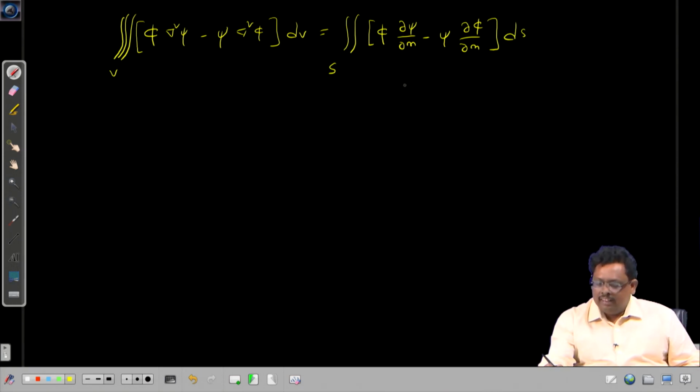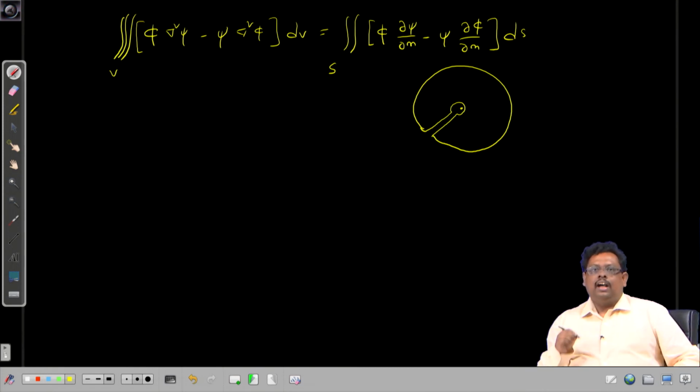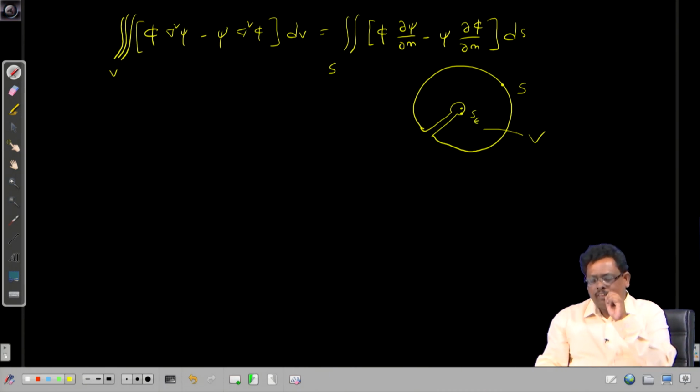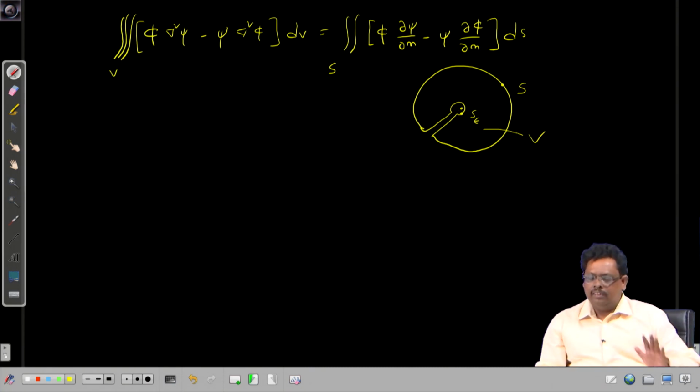Now, what I do is, let us take a circular domain like this, and let us take an origin over here, and then I just cut this origin with a small circle, and then I make these two surfaces. So, this is my volume V, and this outer surface I call S, and the inner surface let us call S epsilon, which is a very tiny surface, which basically only deletes that singular point.